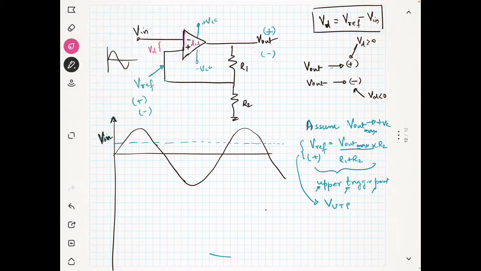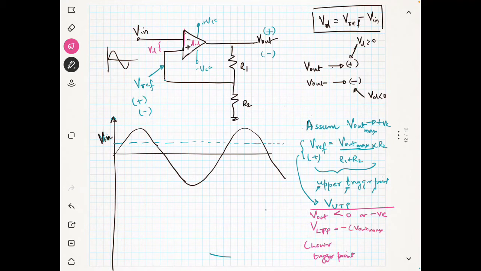Now we do have one more thing, VLTP, which is known as the lower trigger point. Same, this will happen when V out is negative, V out is less than 0, or you can say negative. So what is this? It is nothing but minus of V out max.